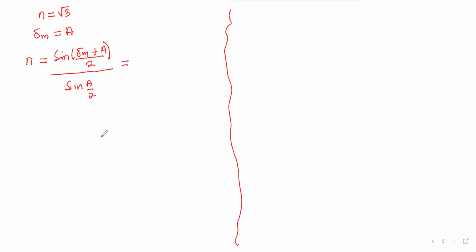We are told that at the minimum deviation, that is equal to A. So substitute A for wherever you see the minimum deviation. So this is sine of A plus A all over 2, divided by sine of A over 2. Okay, so the numerator would give you sine A divided by sine of A over 2.